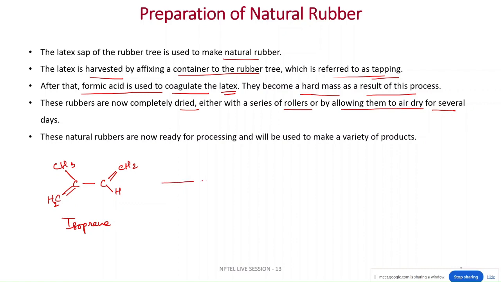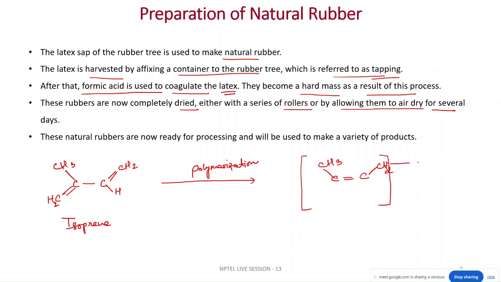After the polymerization reaction, it forms polyisoprene. This is the repeating unit I am going to write, with CH2.